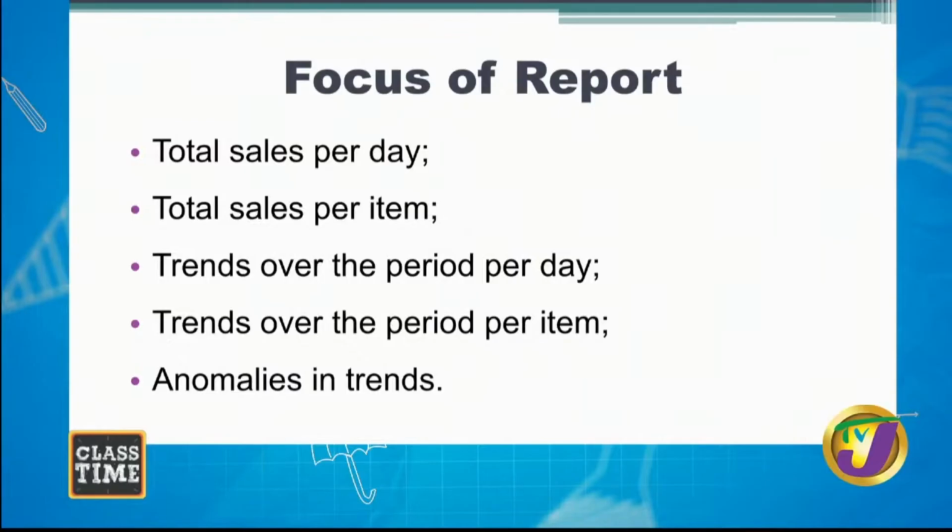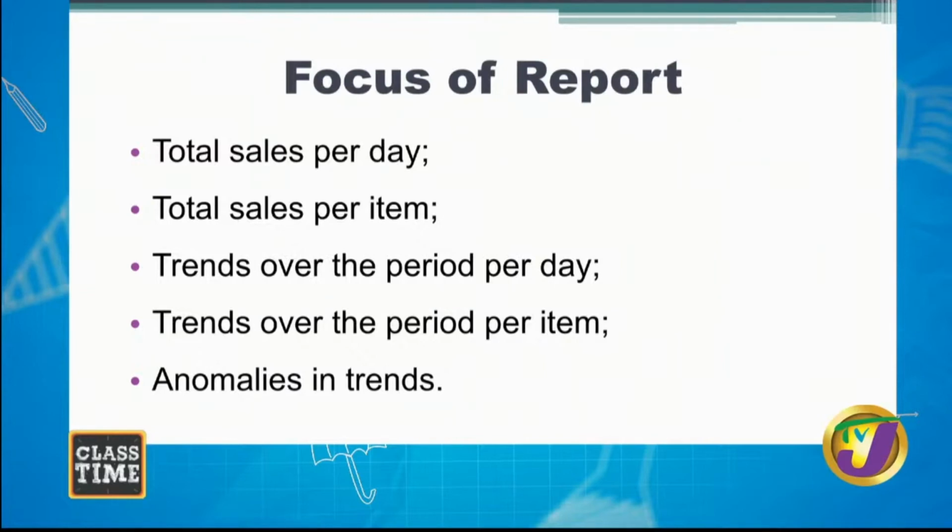And of course, you're going to look at the anomalies in trend. What does all this mean? So, of course, total sales per day, you look at how much was sold each day. Total sales per item, how much was sold overall for each item. The trends per day, we looked at the figures from Monday to Saturday and we noticed what was going on.